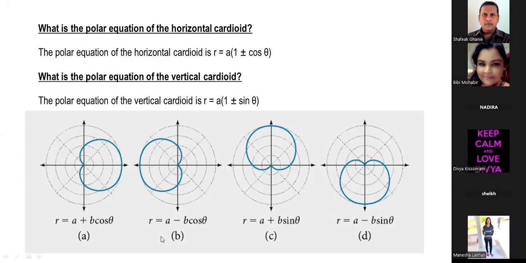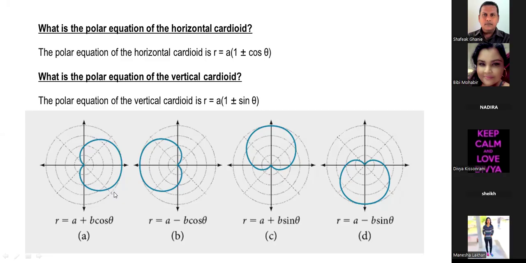The first one here, we have r equals a plus b cos theta. And because of this plus sign, we can see that it is going to the right, to the positive side of the horizontal.